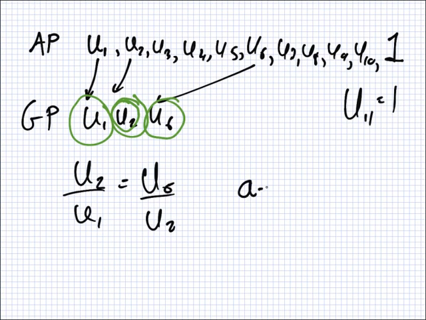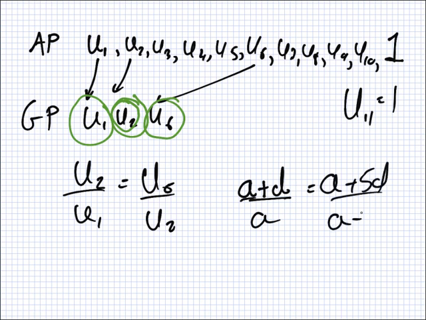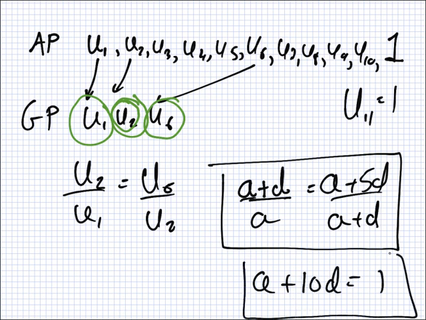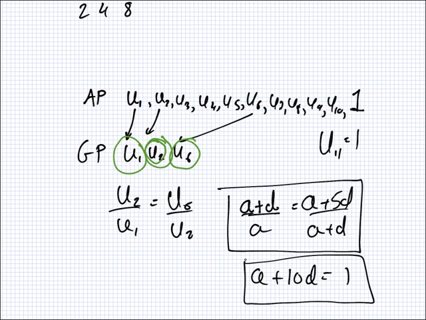A plus D. What's U1? A. What's U6? A plus 5D. That's one equation. But don't forget, I also told you U11 is 1, so A plus 10D equals 1. How many equations do I have? 2. And how many unknowns? Also 2. So I should be able to solve this.